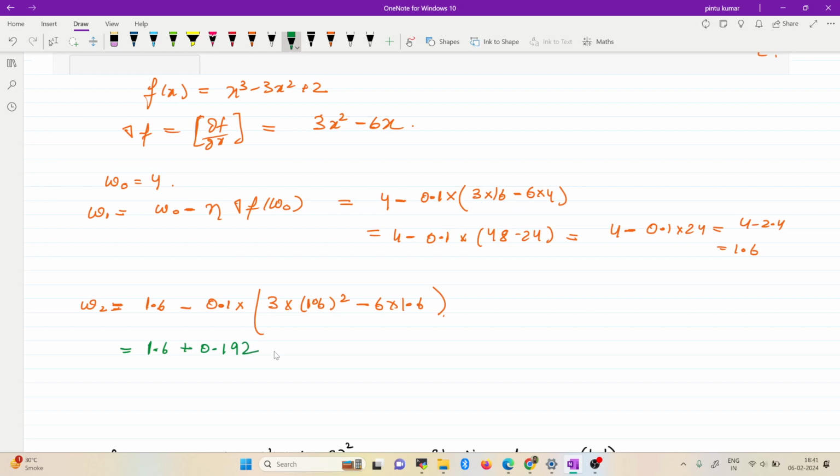Yes. Others, can you please verify? That's why I've written it in a different color so that it can be verified. So then it would be 1.792.